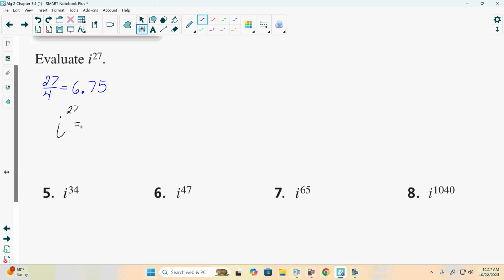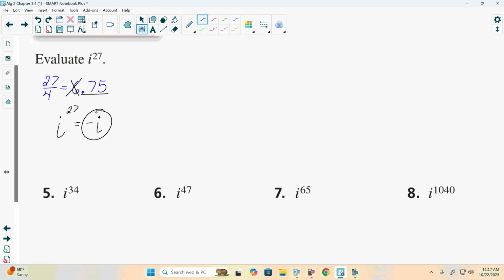So we said 0.25 was i, 0.50 was negative 1, 0.75 is negative i, and 0.00, most calculators aren't going to show a decimal, is 1. Now since the decimal here is 0.75, we don't care about the 6. This reduces to negative i.